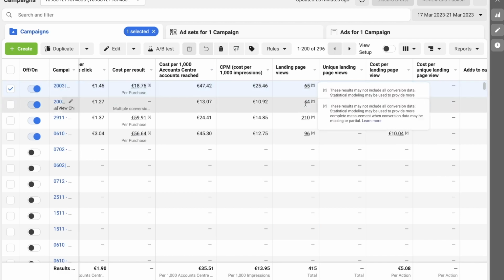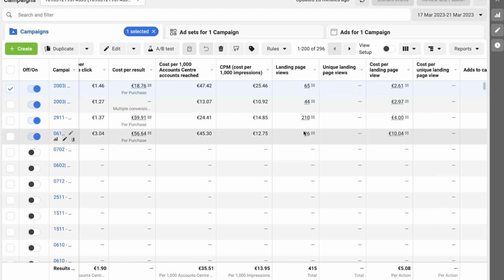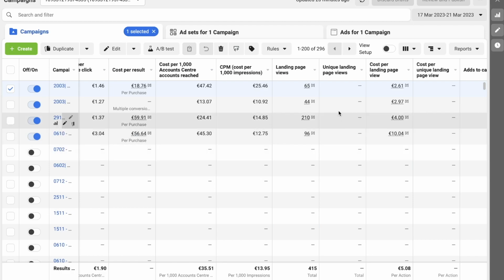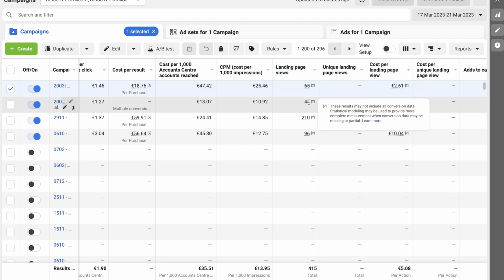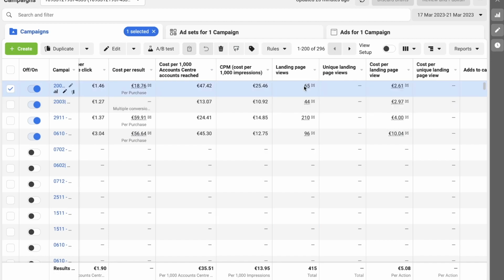Because these metrics are just not given to you, provided by Apple, and the whole way this iOS 14 tracking thing is set up. So I can't really look at the landing page views so precisely anymore. I mainly look at outbound individual clicks now and outbound link clicks, and I get a feel for it.